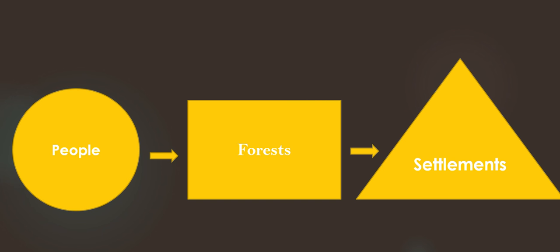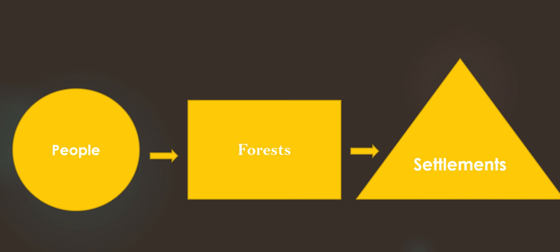So, people, forests, settlements. What is the relation between people and forests, and between forests and settlements? In the initial period, people used to live in groups as we discussed, and afterwards they started finding settlements. But as they were living in forests, it was not easy to find settlements.